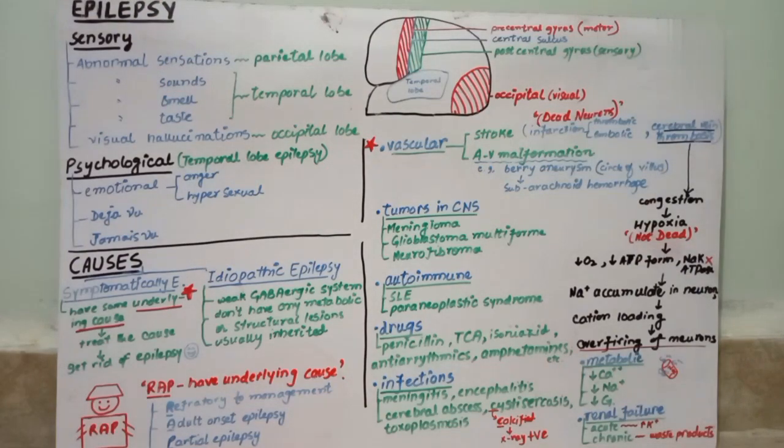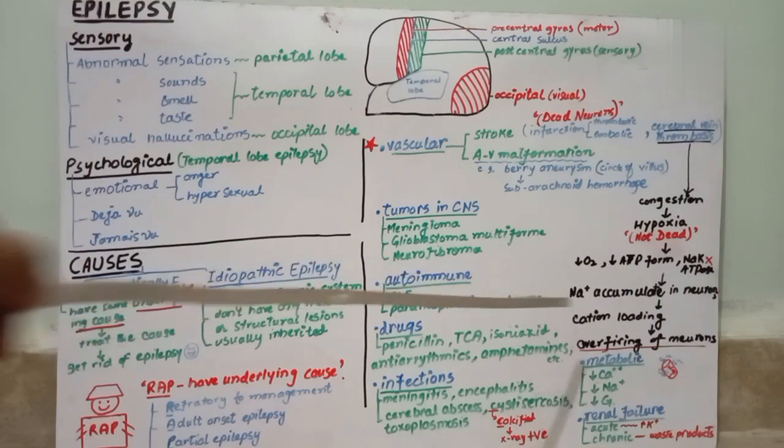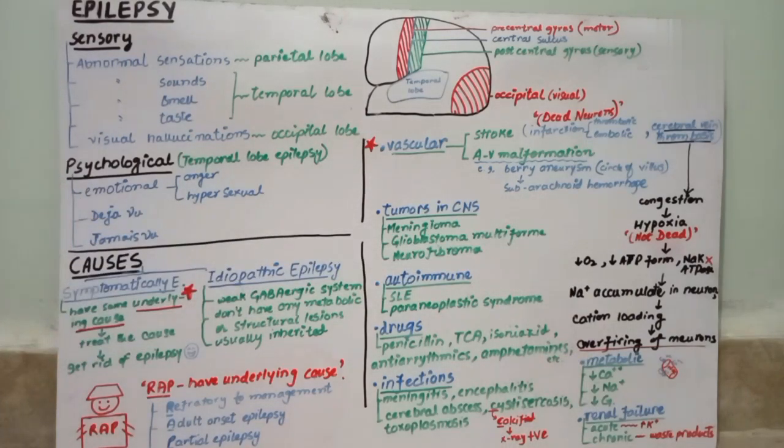When sodium potassium ATPase pumps do not work in a normal fashion, the sodium will get accumulated in the neuron. And you should remember that whenever sodium, the cations, get loaded into the neuron, they are positive charges and they lead to depolarization of the cell. And whenever the cell gets depolarized, an action potential gets generated and it fires.